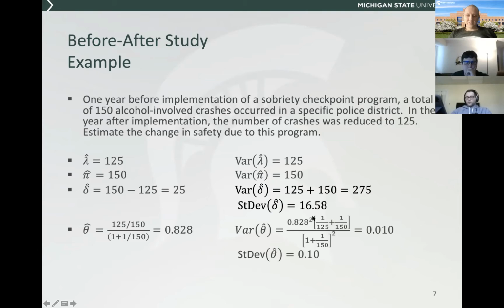Okay. And so in our case, twice that quantity would give us roughly 33. And so that 95% confidence interval is going to go from roughly -8 all the way through, what do we got, 62 or 63, whatever the case may be there.